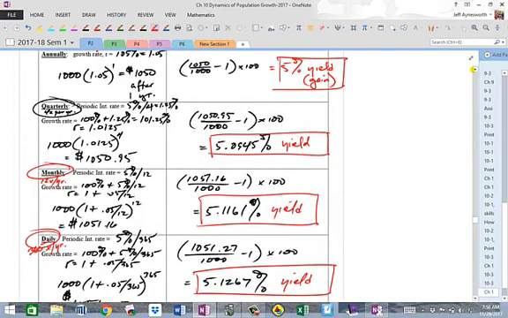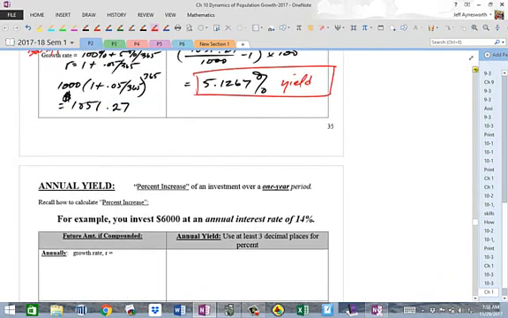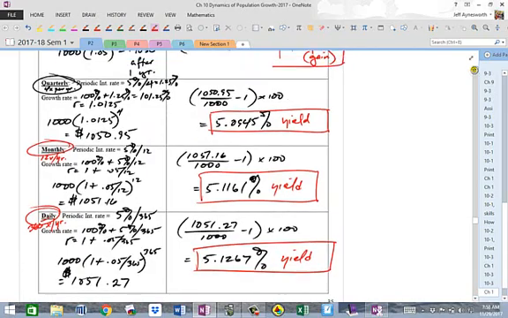When you do it annually, the yield is the same as the percentage. When you do it quarterly, that's better than annually, and you get a little bit higher yield. If you compound it monthly, you get an even higher yield, which means you make more money. And if you compound it daily, you get the highest yield because you're compounding it more times per year, which means your money grows faster than the previous methods.